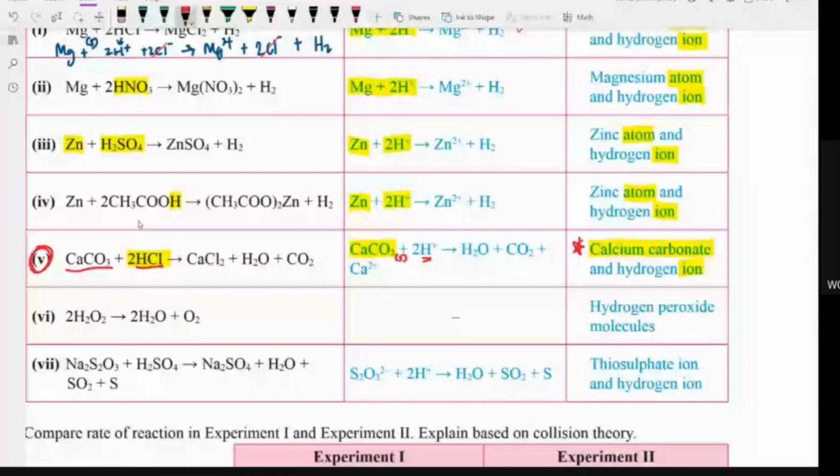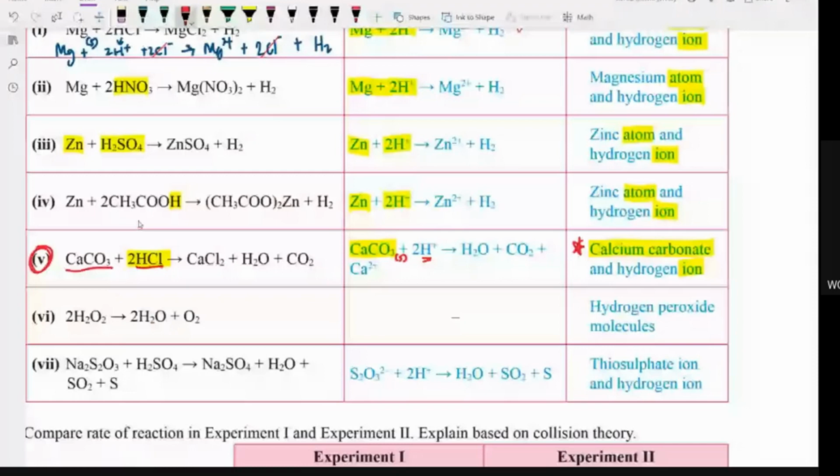Because it is in molecule form, so there are no ions. So definitely here no ionic equation, because here there are molecules, right? In other words, the particles that collide will be hydrogen peroxide molecules. They will collide with each other.